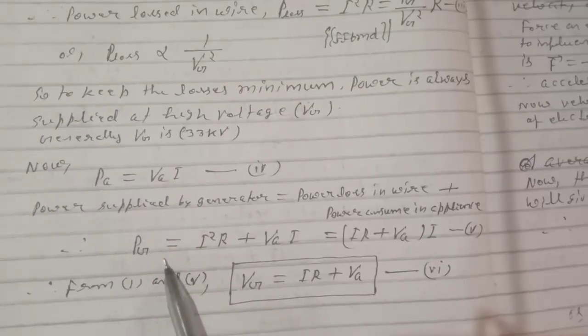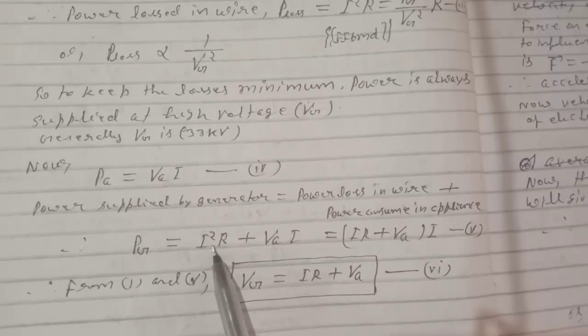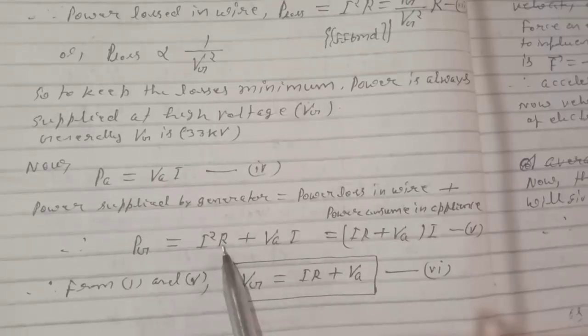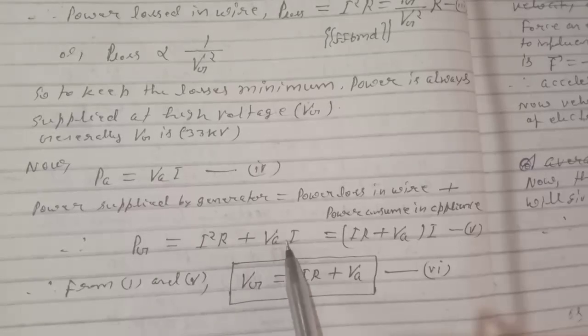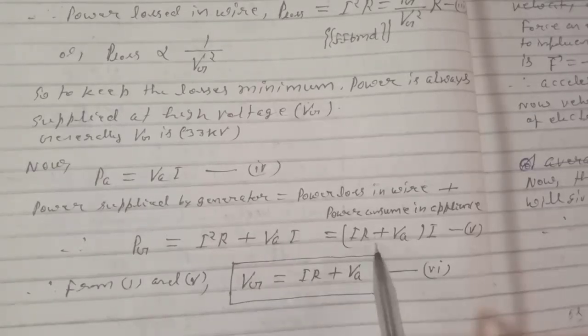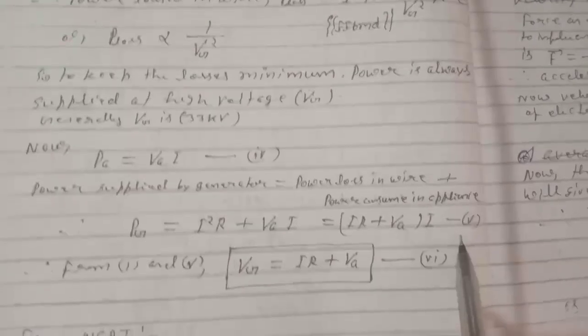Hence PG equals I square R, power loss in wire, plus VA into I. This value equals I square R plus VA into I.